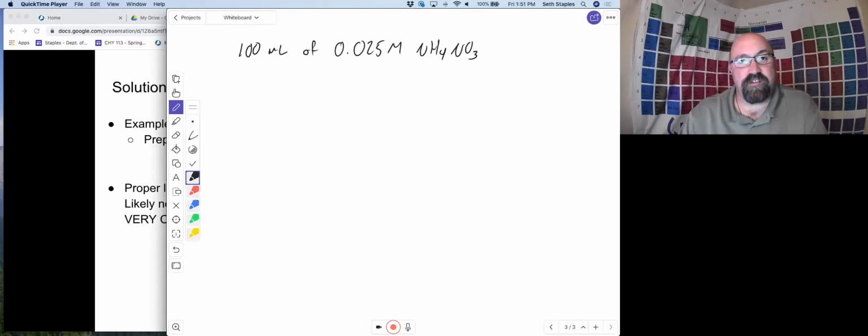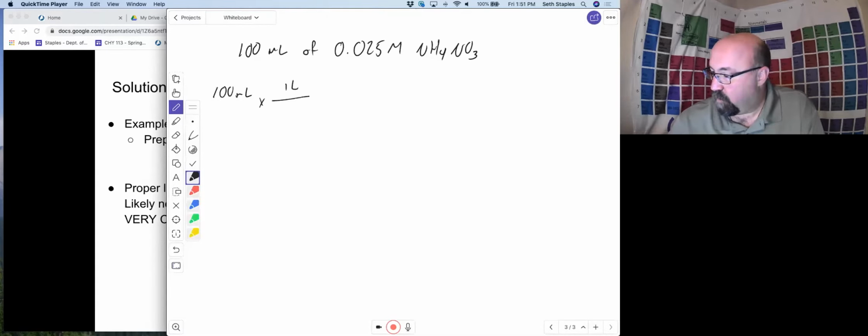The way that I would start this calculation is that our given information is our 100 milliliters. That's what we're starting with. We know that molarity is in terms of liters, so we need to convert that: 1 liter per 1,000 milliliters.